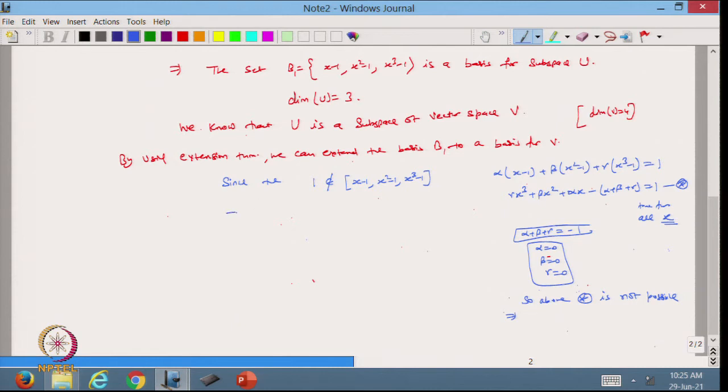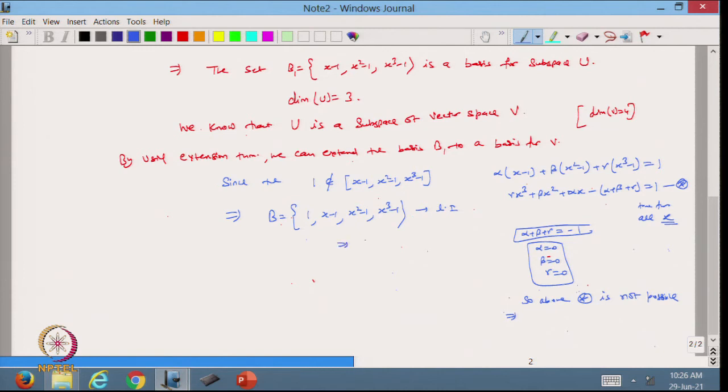So from here I write the basis B as 1, x minus 1, x square minus 1, x cube minus 1. This set is linearly independent, and of course it has 4 vectors.